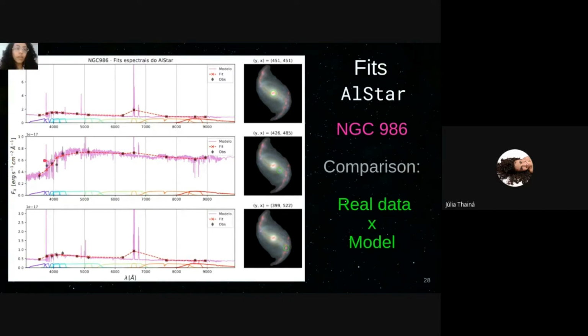The black points are the observed data, and the red dashed line is the fit from All-Star, which is a little hard to see because the data and the model are very close. And the pink one in the background is just this.